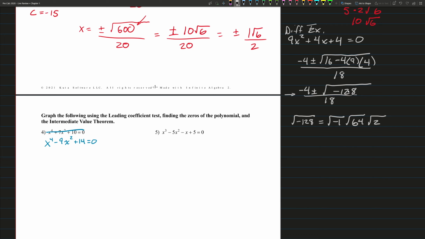Right, so 2 times 64 times negative 1 gives you 128. That's why we can do this. Okay, and then we just simplify as much as we can, right? So square root of negative 1 is i, square root of 64 is 8, and then square root of 2 just stays there because there's no perfect square factors of 2.